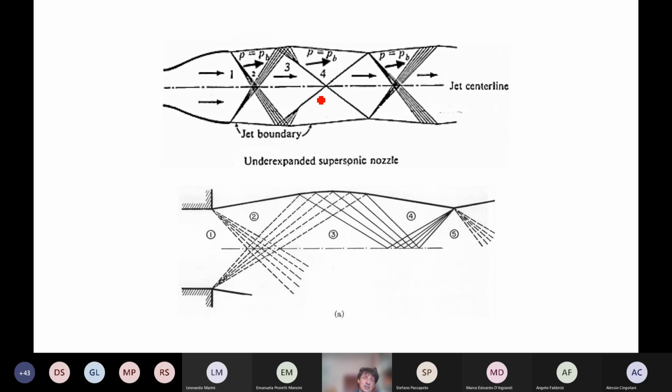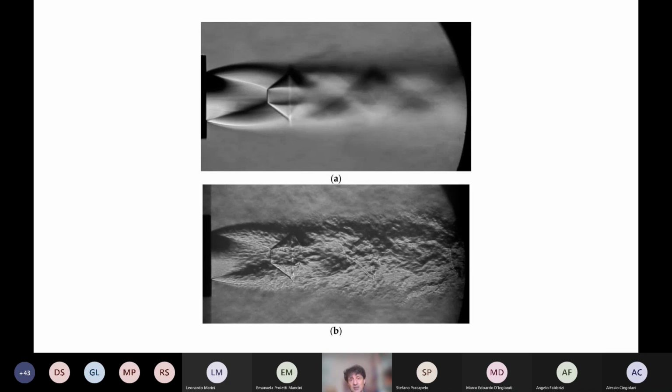And so you see in the top line here the generation of a shock along the core of this underexpanded nozzle. And you see here a clear image, taken from the literature, of an underexpanded jet. This is axisymmetric, and you see that the shock becomes evident.